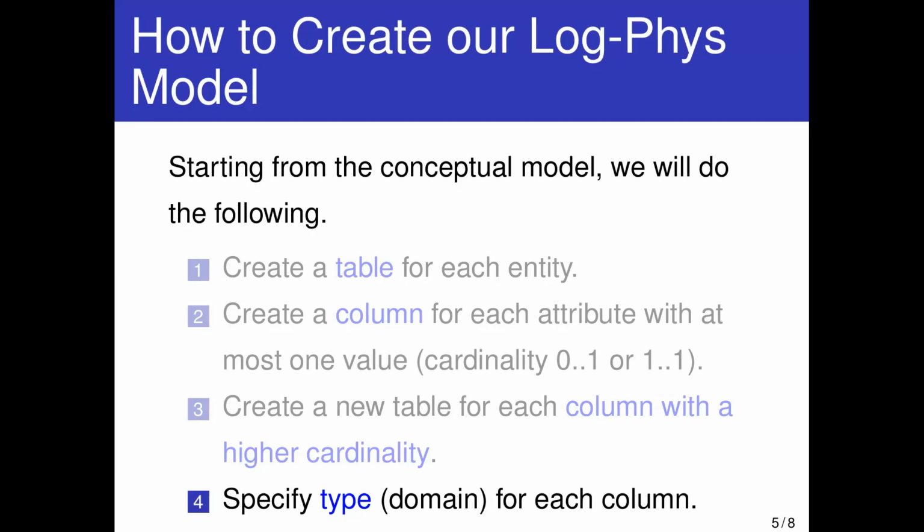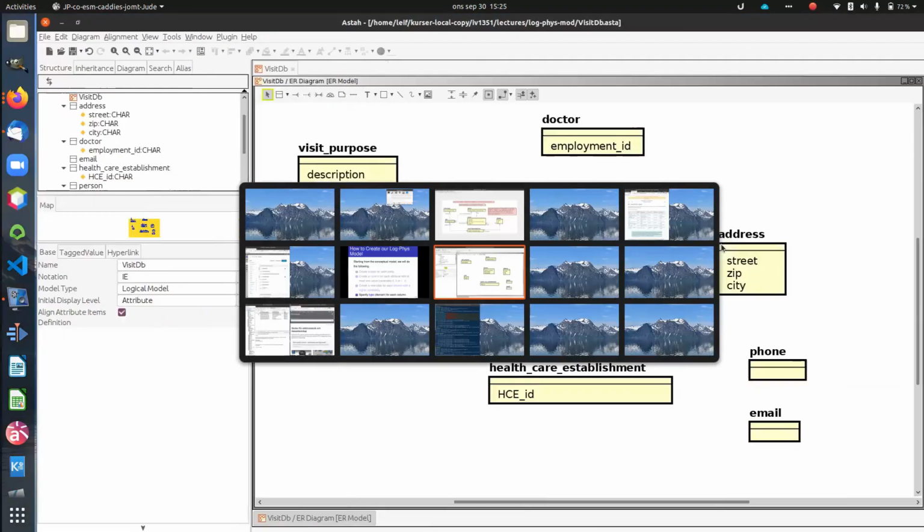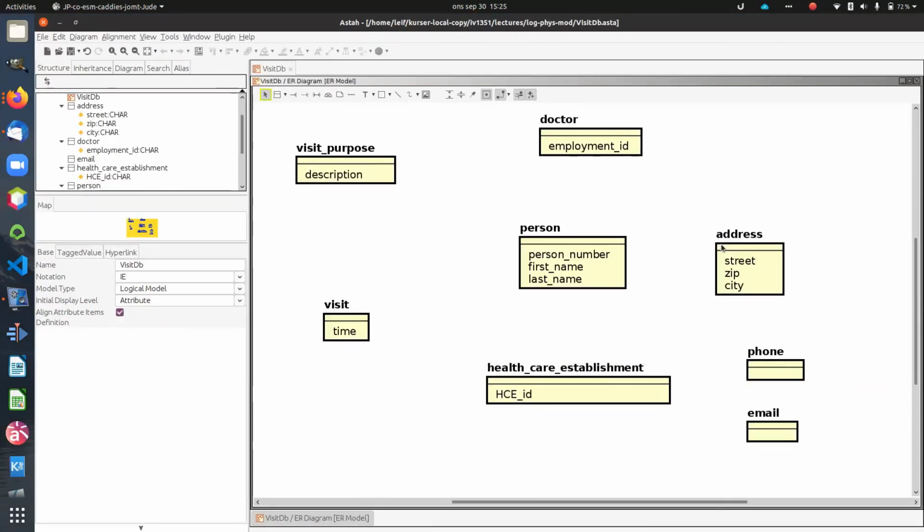For example, there is the zip code and the person number, which have requirements on format, and we could do that by creating domains. But that is outside this lecture, so we won't be creating any domains, but restrict ourselves to the basic types for now.